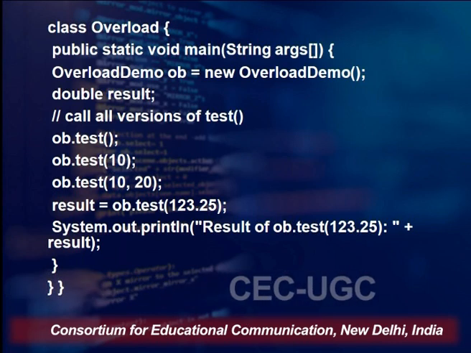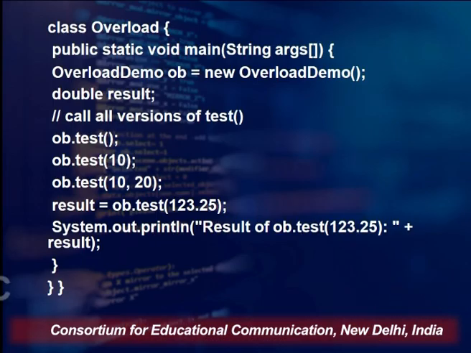So in this way you can see that different calls to the function test are having different parameters: one with no parameters, another one with one, next one with two integer parameters, and the final one with a double parameter. So in this way the concept of overloading takes place in object oriented programming, and as I have already told you, this is something which is used to implement polymorphism.